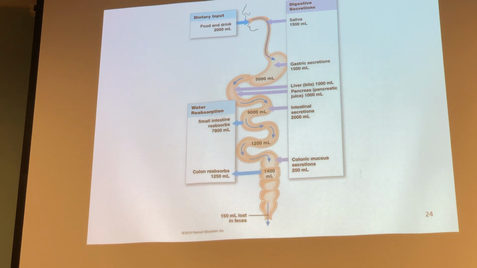And of that, we're going to reabsorb, kind of like the proximal convoluted tubule, most of it back into the circulatory system. Because remember, that liquid came from the plasma of your blood. And when we get down to the rectum and the time for pooping, the average moisture content is about 150 milliliters of moisture out of those 9,000 milliliters.